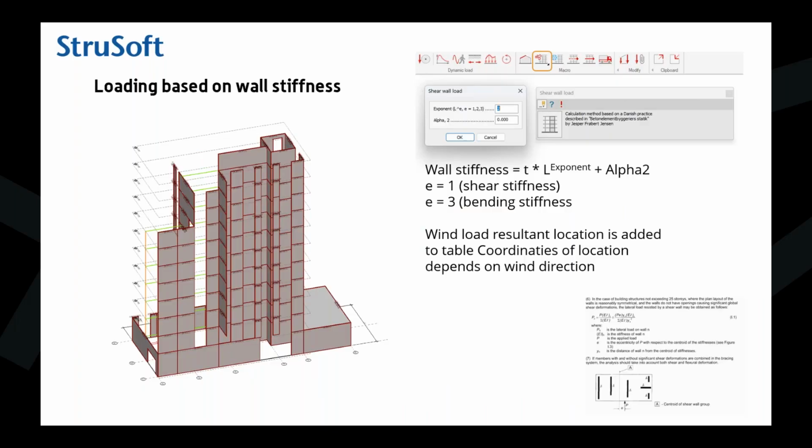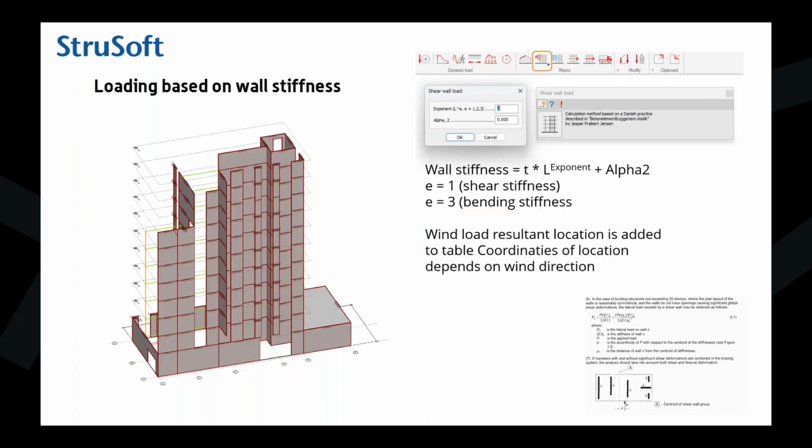If the exponent is 1, it means that only the length of the wall will tell you how much force it will take. So if the wall length is double, it will take double the load. This tool will calculate the shear center of those core walls, and it will distribute those wind loads to the walls. So we don't need any walls or floors in the model, and we don't need that rigidity because we distribute those loads with the other methods.